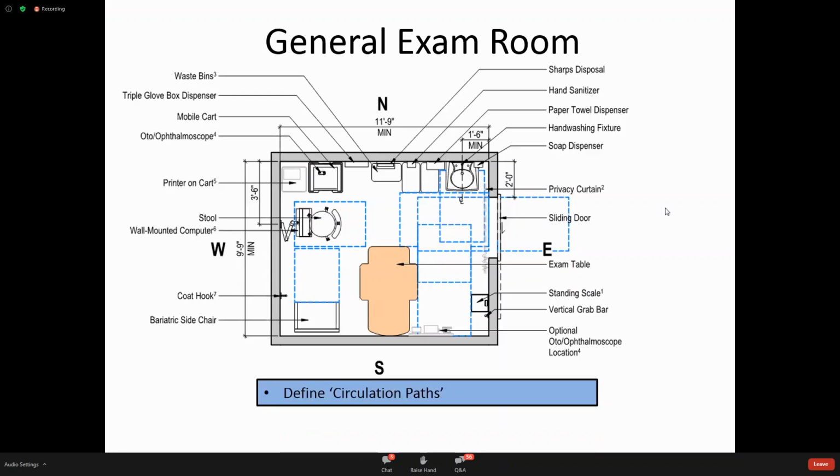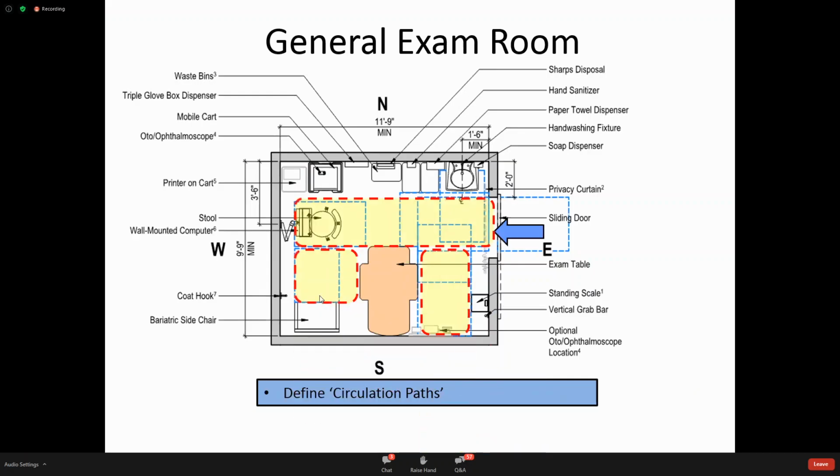Now we've got the protruding object issue. This is where it gets a little wild and a little squirrely. You probably all remember from your code days, the protruding object requirement is 4 inches off of a wall into a circulation path. So it's all about, does it protrude into a circulation path or not?